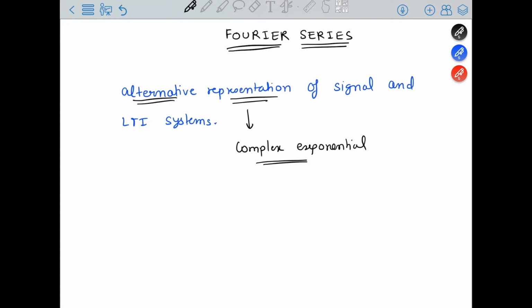The resulting representations are known as continuous time and discrete time Fourier series and transform.